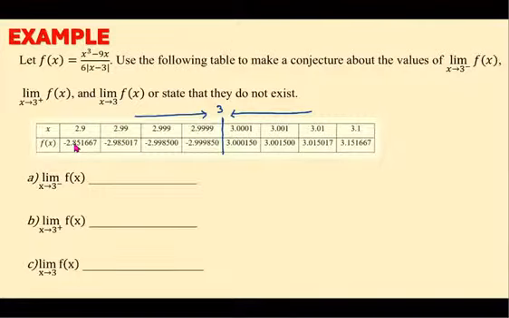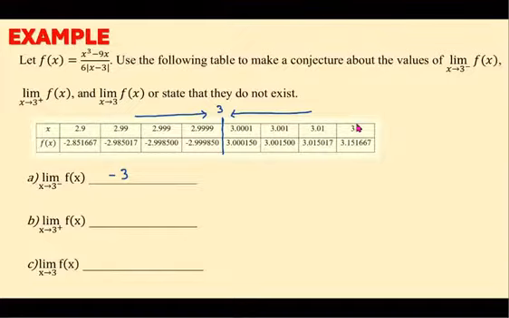Like we have negative 2.85, then negative 2.98, then negative 2.99, negative 2.999. So clearly you can see that these numbers are approaching closer and closer to negative 3. So the left-hand limit is negative 3.